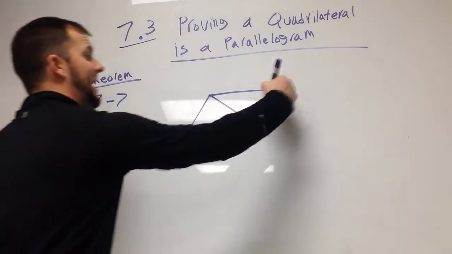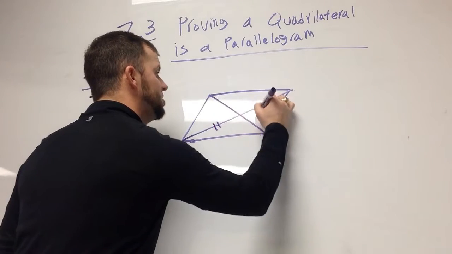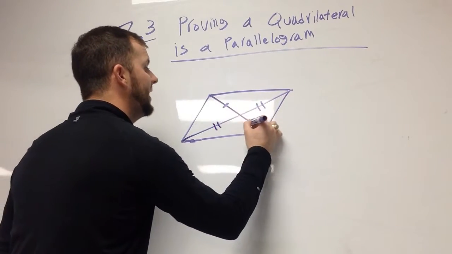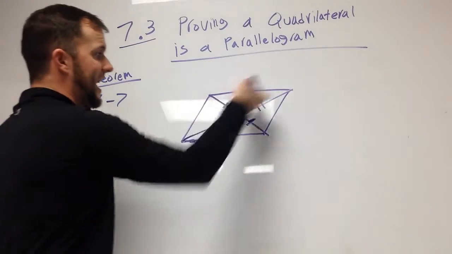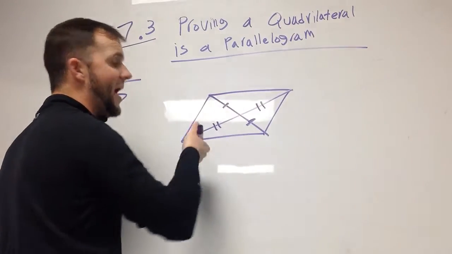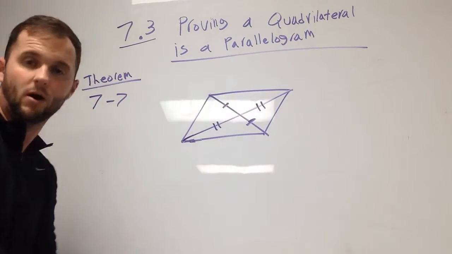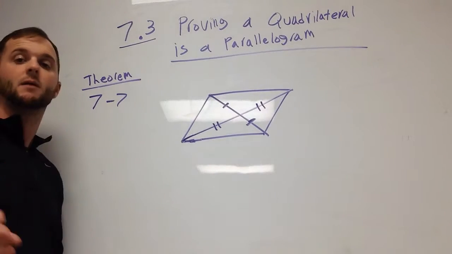If the diagonals of this quadrilateral bisect each other, meaning they cut each other into two equal pieces, so this line is going to cut that line in half, and this line right here is going to cut that line in half, then that means it is a parallelogram.